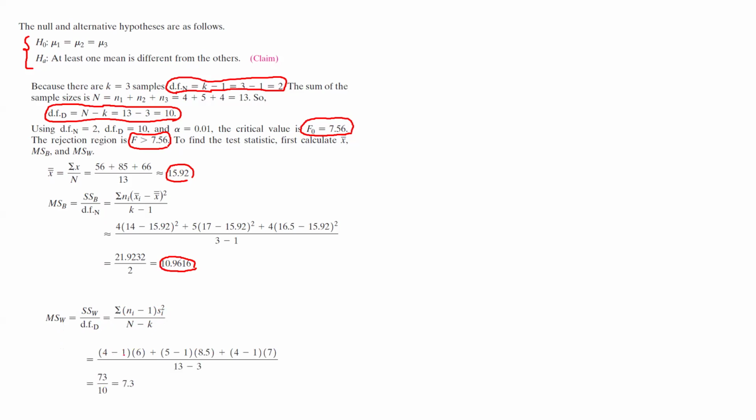The very first n is 4 minus 1 times the very first variance, which is 6, plus n minus 1 for the second sample, which is 5 minus 1, times its variance, which is 8.5, plus 4 minus 1, which is the number of data in the last category minus 1, times the variance, which is 7, divided by 13 minus 3. 73 divided by 10 is 7.3. So with these pieces of information, we can basically calculate F, which is our test statistic.